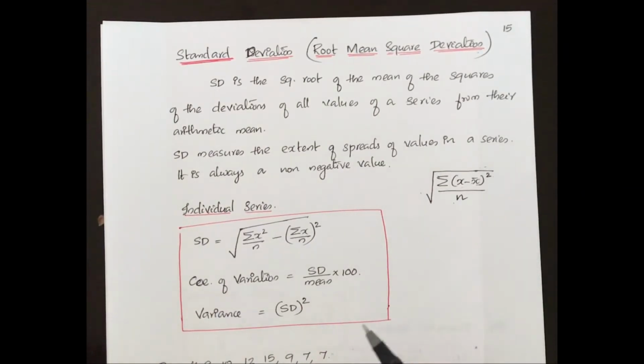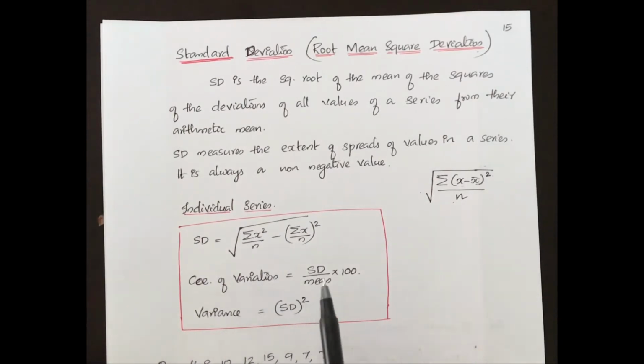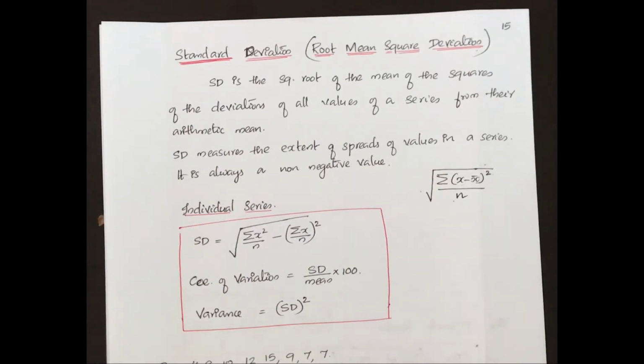The relative measure of standard deviation is known as the coefficient of variation, which can be used to compare the variability of two or more series. Standard deviation is also used to find statistical measures like coefficient of skewness, coefficient of correlation, regression, etc. In all such calculations, standard deviation is the most essential one.